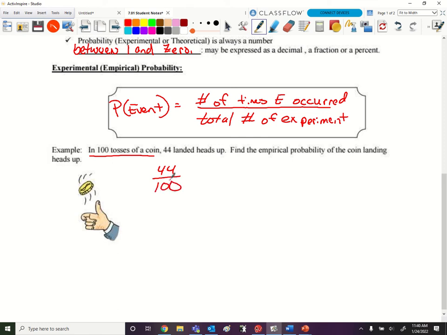So there it is expressed as a fraction. Now if I divide that, that's going to give me a decimal. So this is my fraction. And then this is going to give me 0.44 as a decimal.